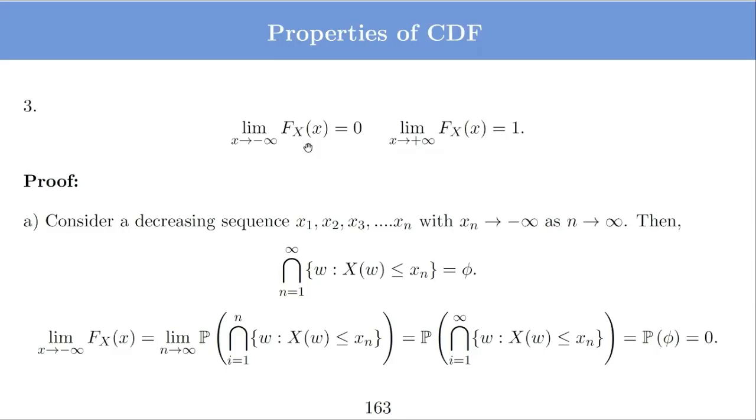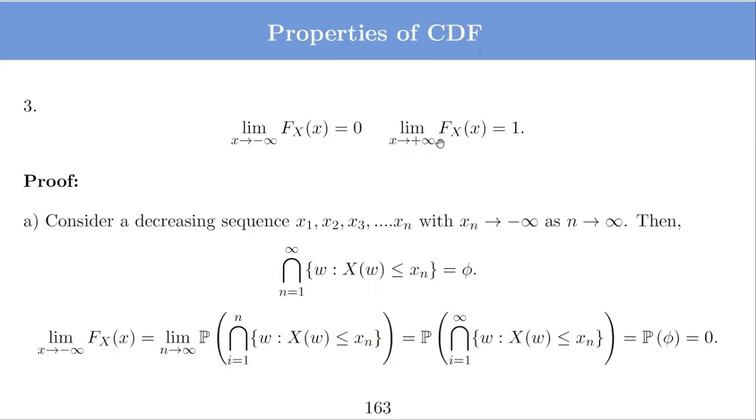So when x goes to minus infinity, this will be the pre-image of (minus infinity, minus infinity), which is an empty set because it doesn't include anything. If I ask you what is the number between minus infinity and minus infinity, there's no number. So the pre-image of this empty set will also be empty, and the probability of this will be 0.